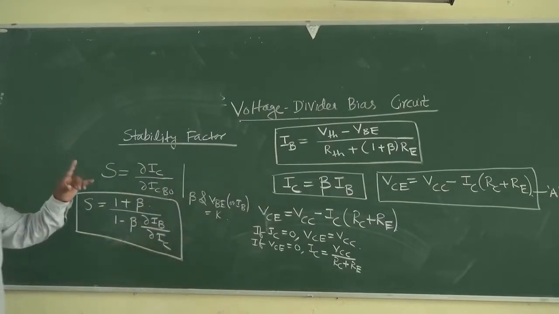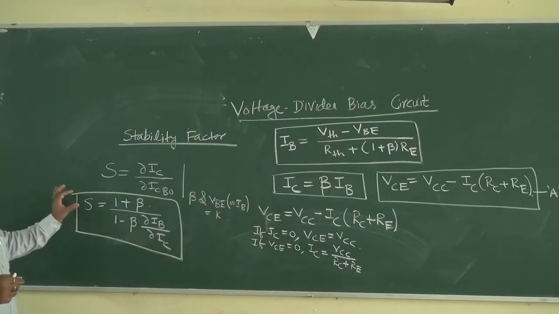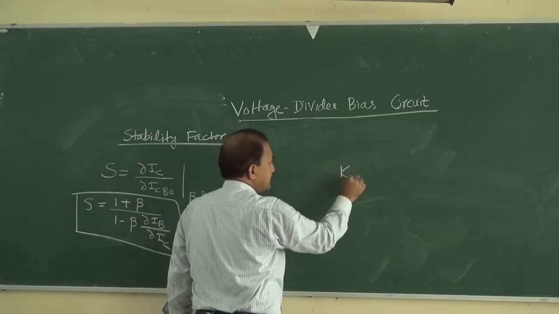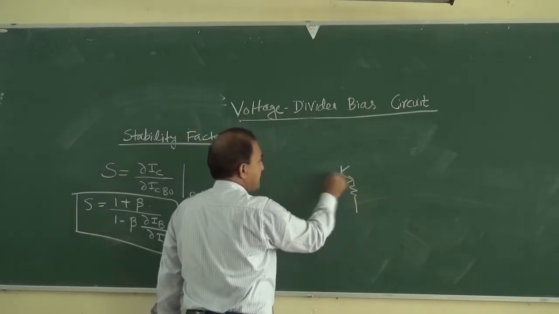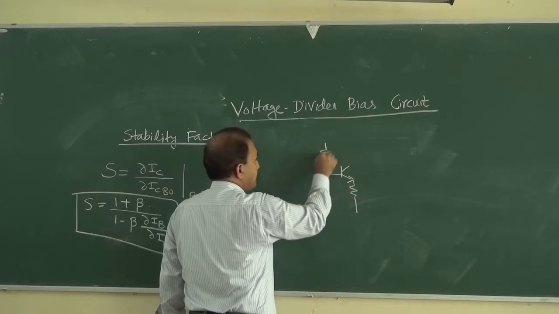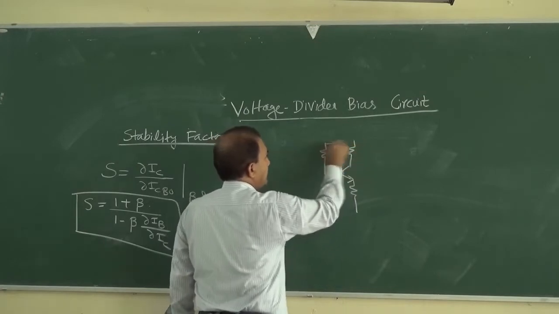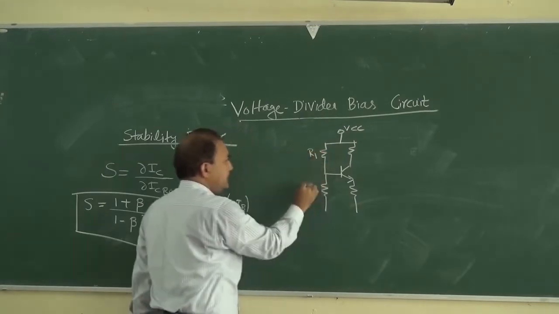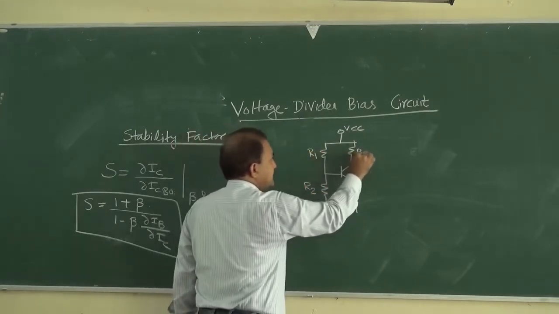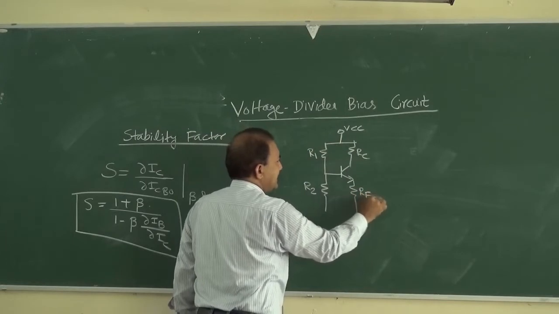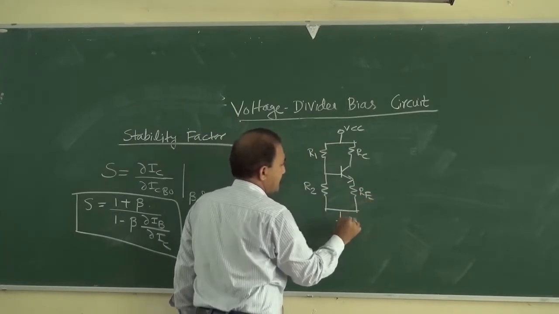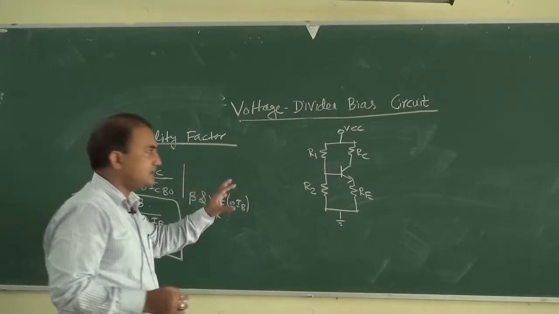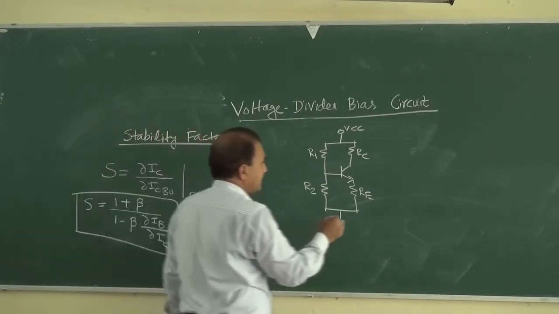Okay, so for this circuit, how can we determine the stability factor? For this circuit, say this is VCC, this is R1, this is R2, this is RC and this is RE. Now we have to apply Thevenin's theorem to determine IB.